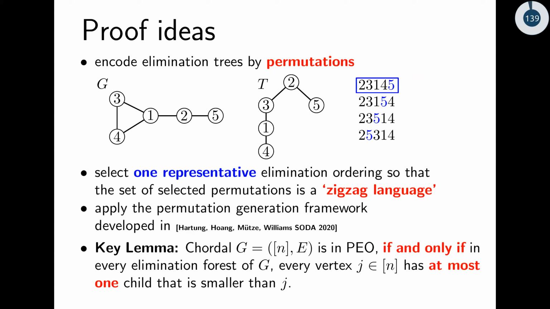And one of the key insights in this process, which also explains why our algorithm only works for causal graphs and doesn't work if G is not causal, is the following neat characterization of causality.